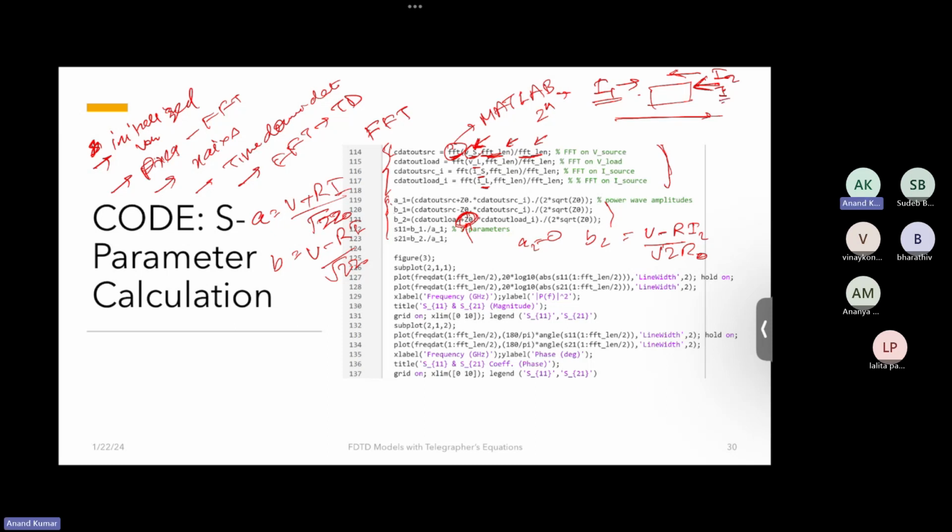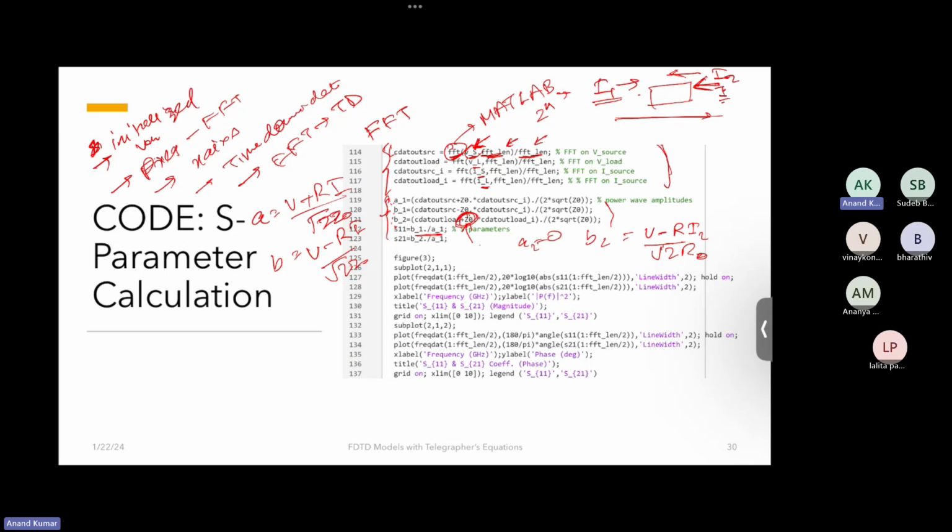Once you have got A1, B1, and B2, we just take their ratio. Since each of A1, B1, and B2 is a vector, we do a vector division over here.